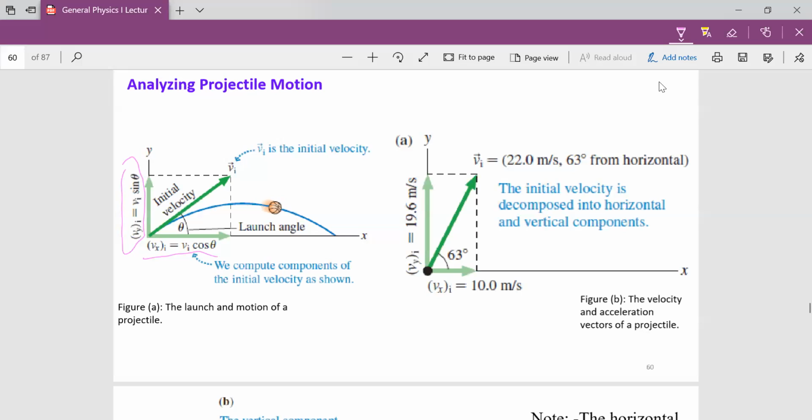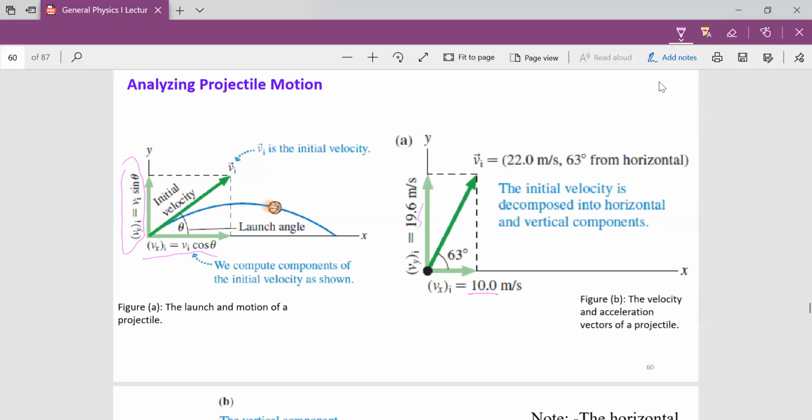Okay, we input that into our equation. We will see that this will move at this velocity, and this is moving at this velocity. So we'll see that the velocity on each of the axes is independent of each other.